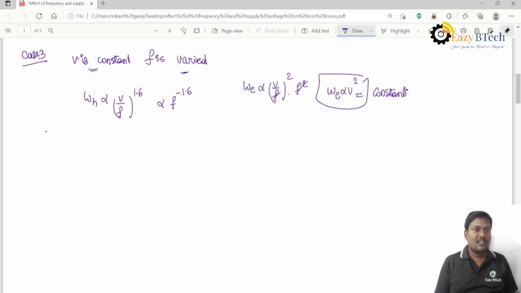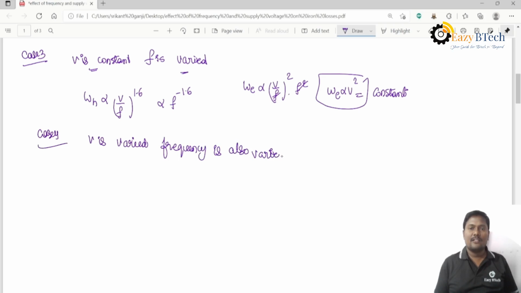In case 4, voltage is varied and frequency is also varied, but the V by f ratio is not constant.